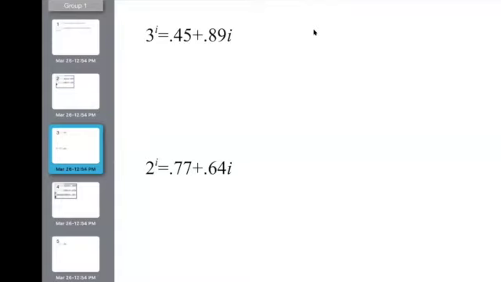Based on these two answers, could we figure out what the rule is for how to raise numbers to these powers, what the story is with the a and the b, the 0.45 and the 0.89i? Why doesn't everyone take a minute? Do you notice anything these two answers have in common? Anything that the two numbers have in common? You can chat about that.